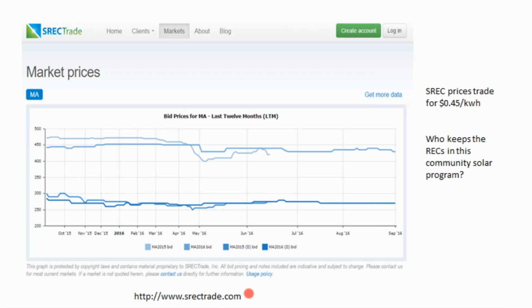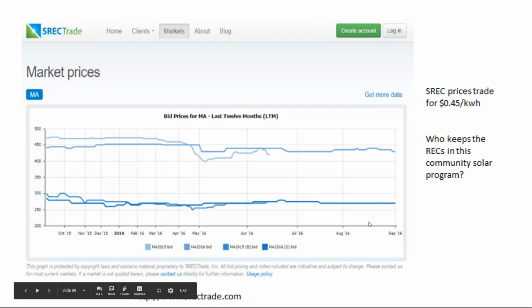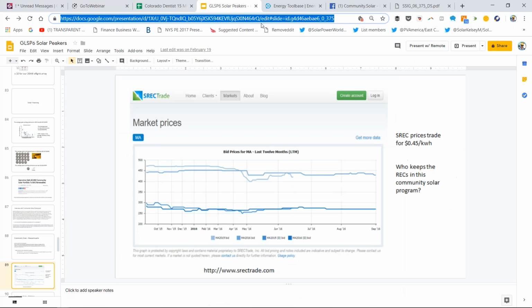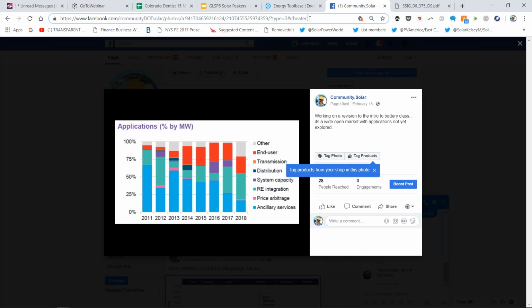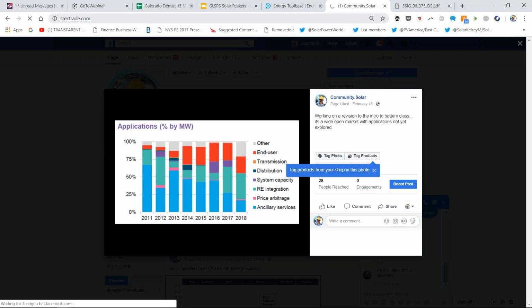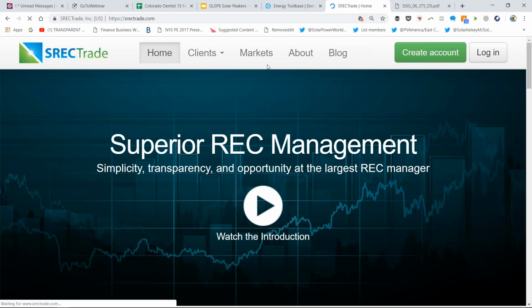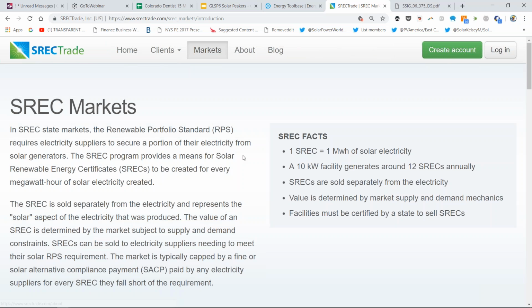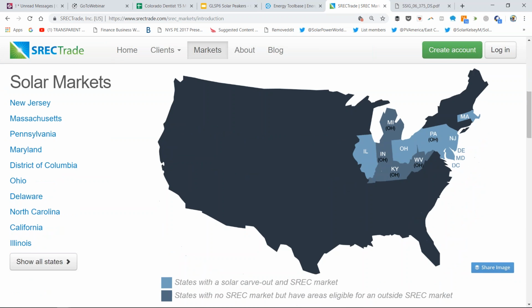So there's actually an interesting website called SREC Trade where you can go, and they function as a renewable energy credit broker. And as we can tell from SREC Trade, there aren't too many markets where these solar renewable energy credits have a lot of value.